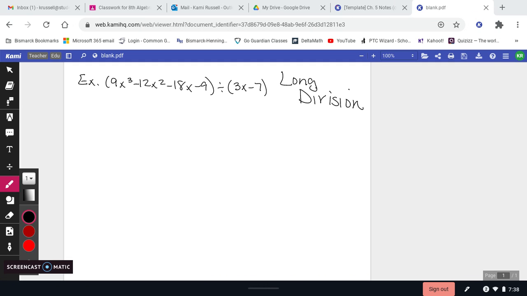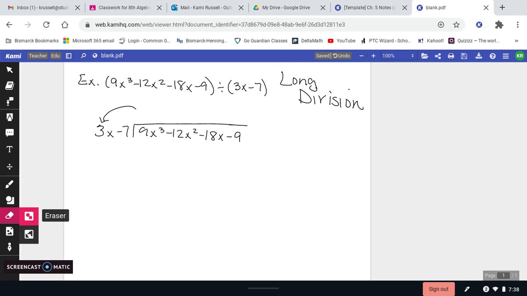Okay, so we're going to use long division on this one. So we have 3x minus 7 and this cubic. All right, so first thing is we're going to put something here. We want to multiply it times 3x, and we need it to match 9x cubed.